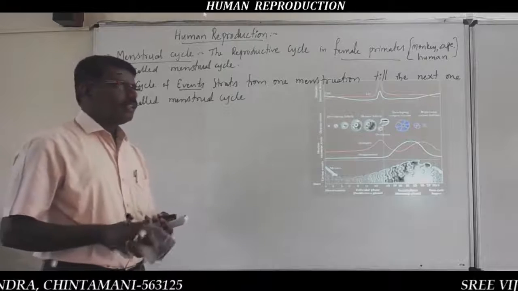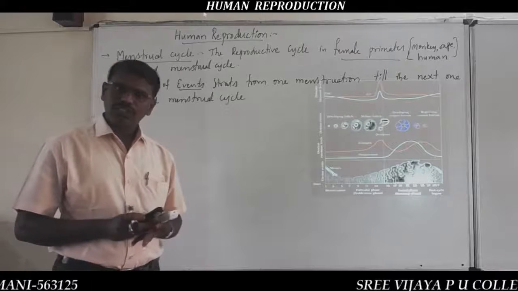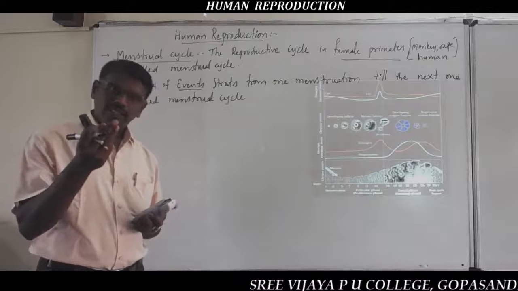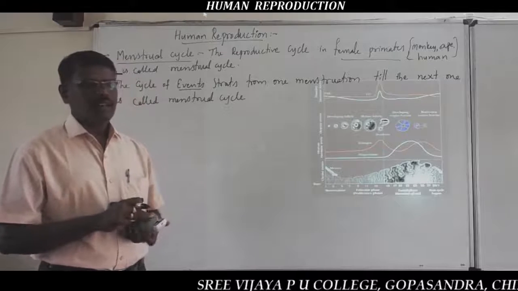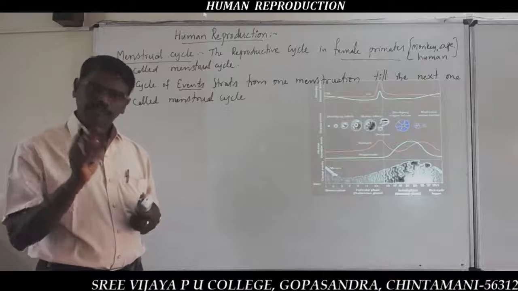Does the menstrual cycle start in childhood, or after puberty or maturity? It purely starts after maturity only.